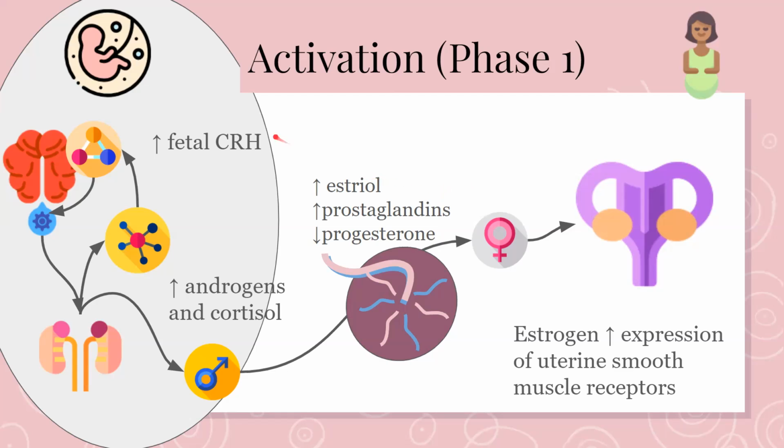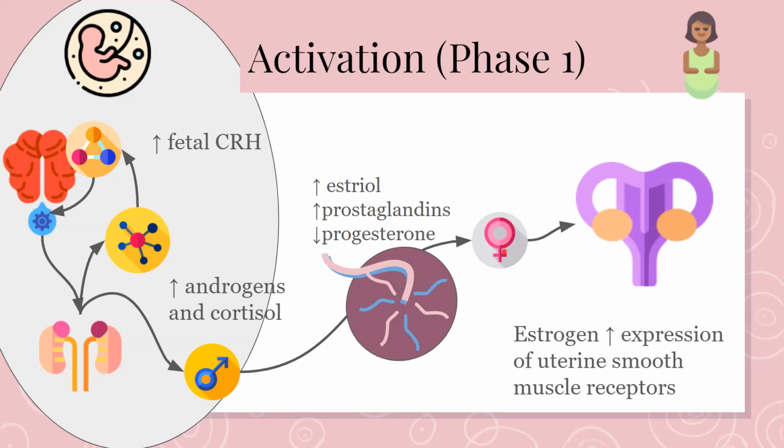Then as the fetal HPA axis develops, they are going to be releasing cortisol and androgens, and that is going to increase the estrogen, decrease the progesterone, and also stimulate prostaglandins. And the way that estrogen works is by increasing the expression of uterine smooth muscle receptors.